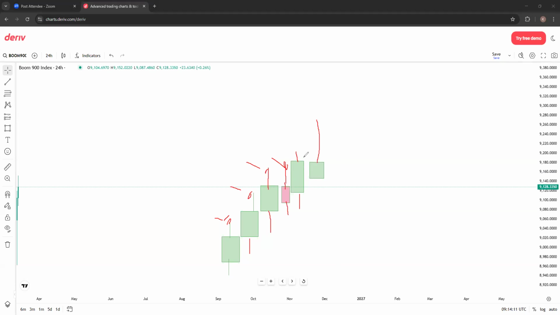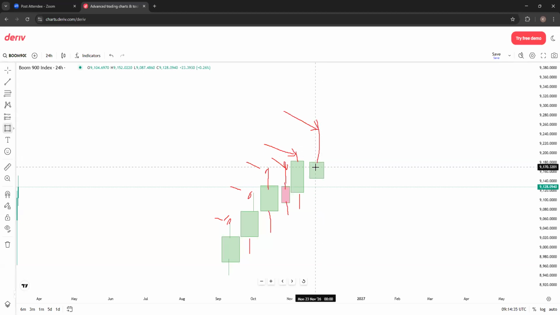Now what it means is the candle before that has its tail sitting low, but the candle with the bigger tail has the potential to become what? To become a high. But remember, this is forex and everything is controlled by people.